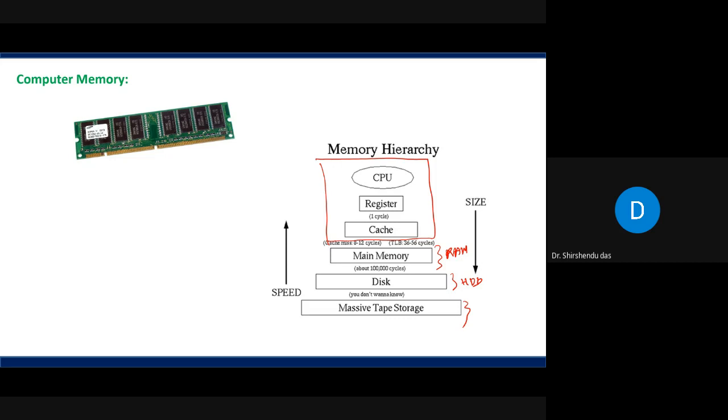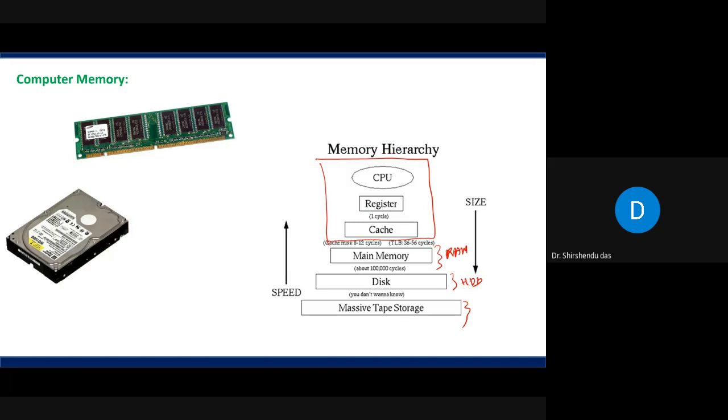There will be a separate lecture in this course to explain the internal mechanism of this RAM, but today I will not go into more detail about it. Maybe in the initial 2-3 lectures, before starting the textbook, I will explain the internal detail of this memory, so that you will get some interest in this course. Okay, so this is an example of RAM.